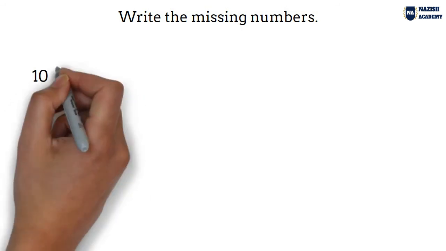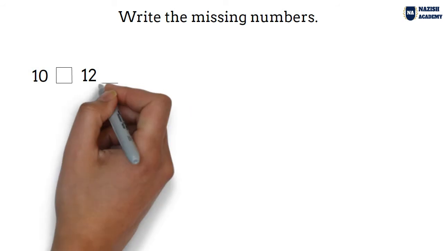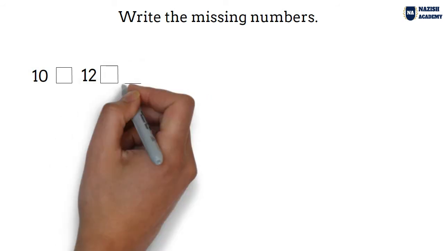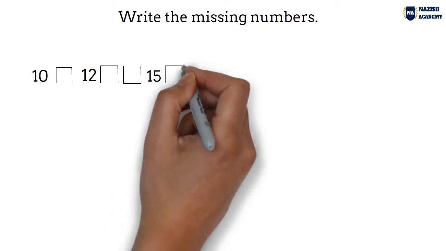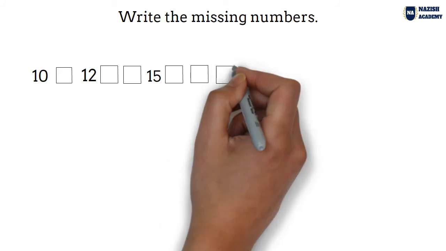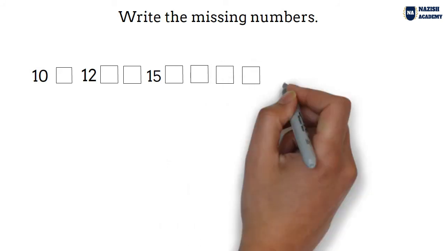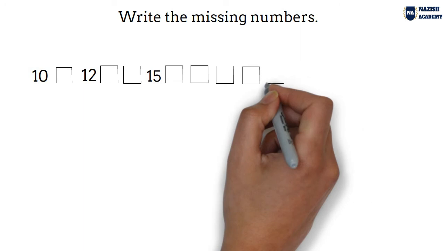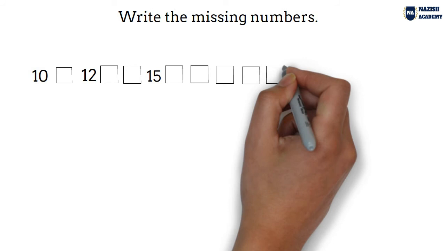Write the missing numbers. 10, box, 12, box, box, 15, box, box, box, and again box.